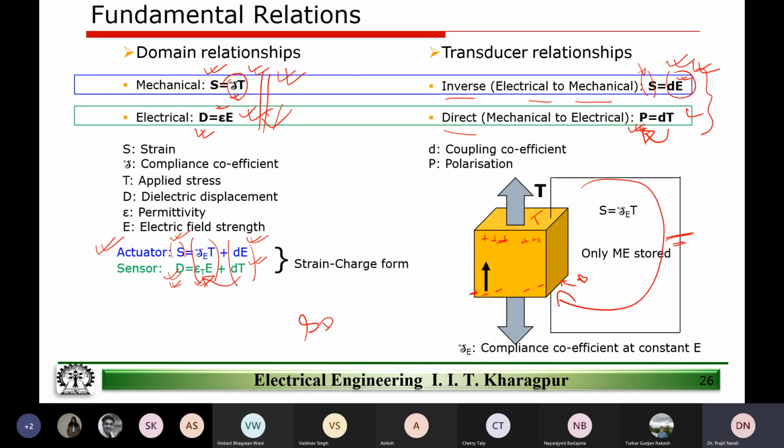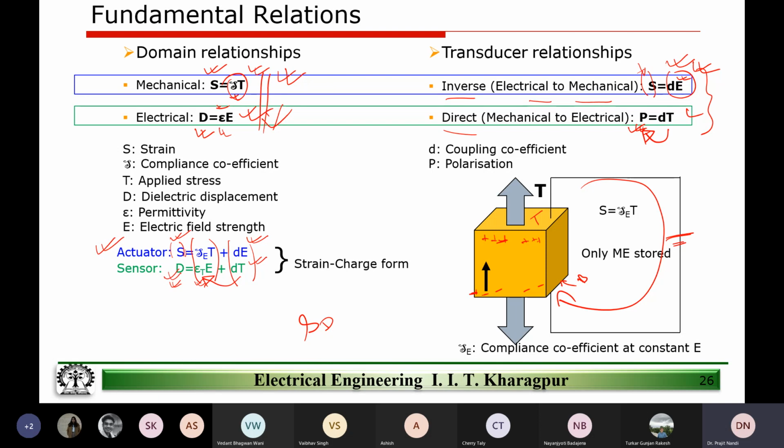So when we are talking of the mechanical coefficient of compliance, we should specify what the electrical conditions are. And similarly, when we are talking of permittivity, which is nothing but an electrical domain coefficient, we should specify what the surrounding mechanical conditions are.